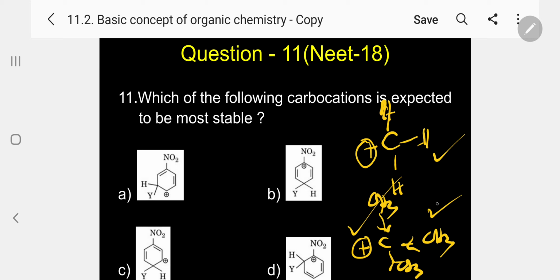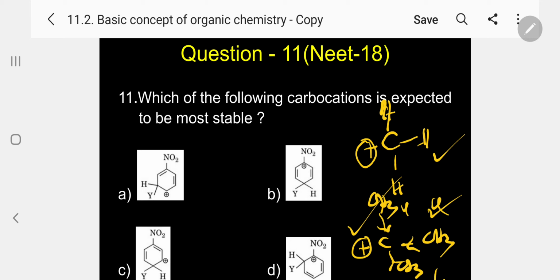Instead of CH3, if there is Cl, Cl and Cl, kindly follow. It will attract electrons, which means the positive charge present on the carbon will increase. When the positive charge on the carbon increases, it is more reactive, more ionic. More ionic means it is unstable. So this is the explanation. We need to understand the concept. I hope you have a clear idea.